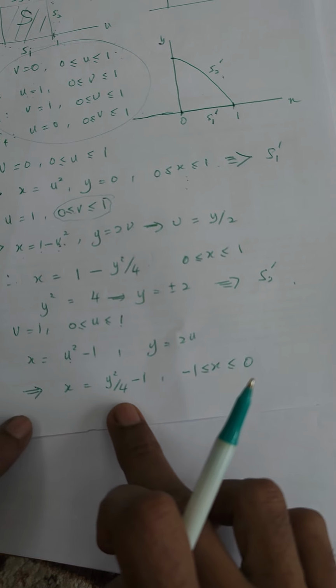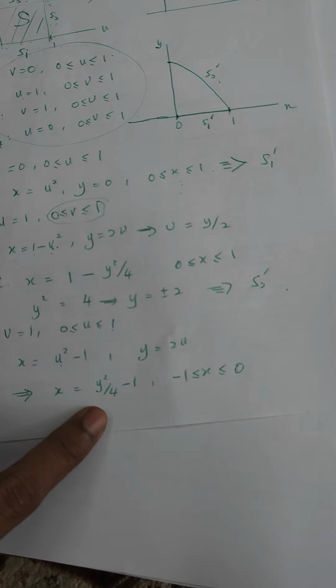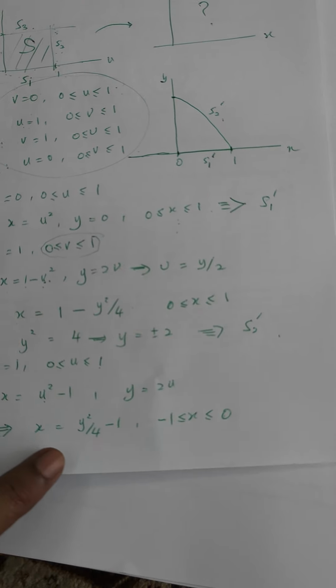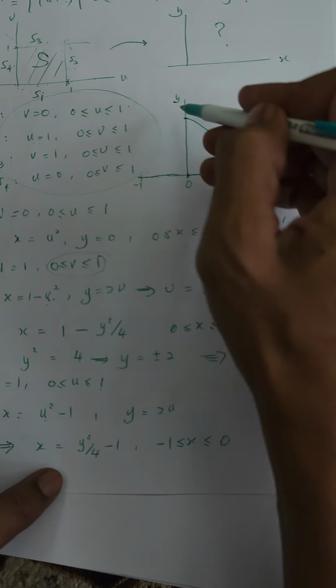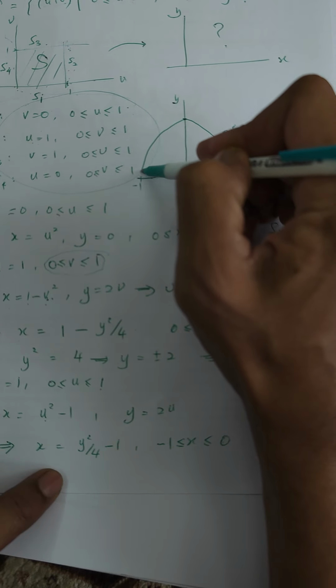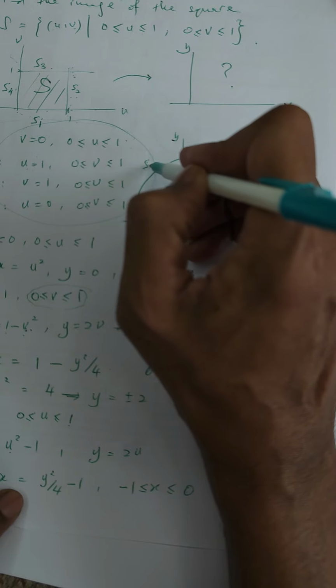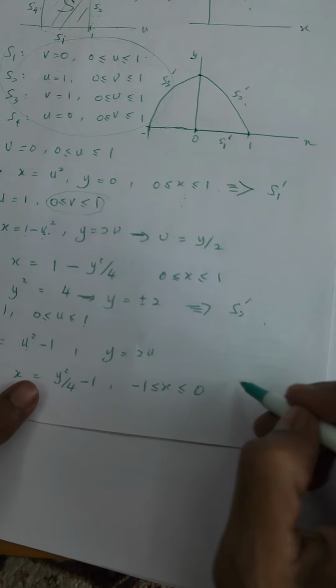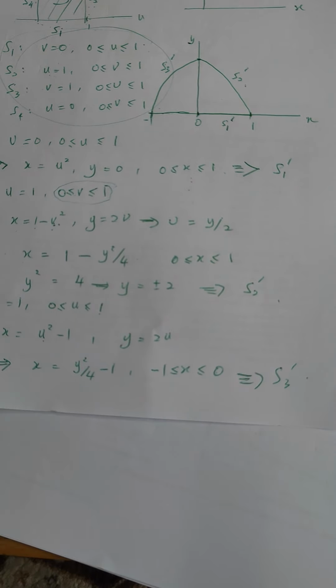This is again a parabola opening to the right side, with minus 1 here. So this is your S3 prime. Now you need to consider S4.